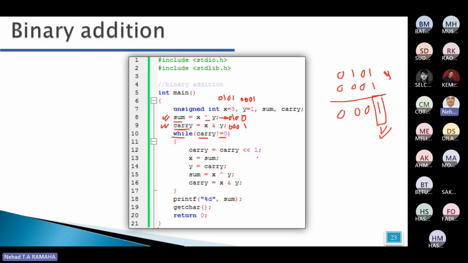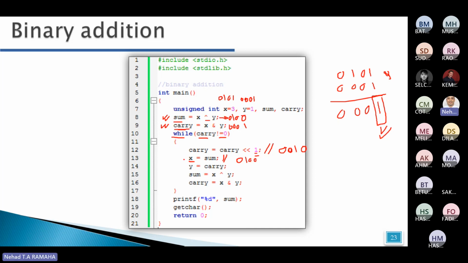What we will do, we will shift the carry to the left. So carry equals carry shifted to the left. If we shift 1 bit to the left, this means it becomes 0, 1, 0, 0. Then the new value of x is the summation, which is 0, 1, 0, 0.